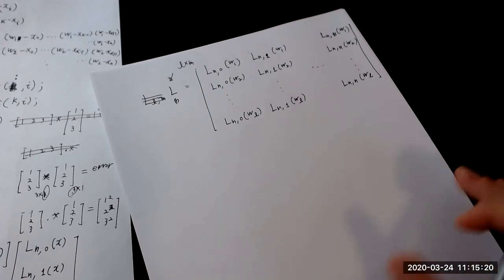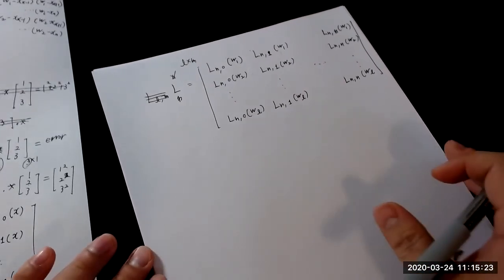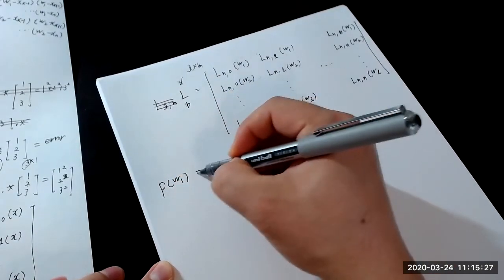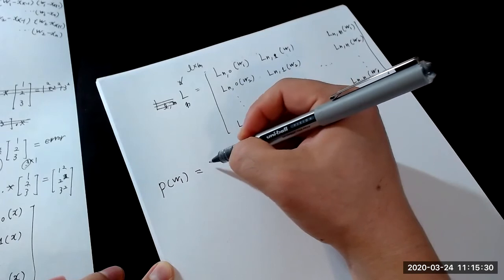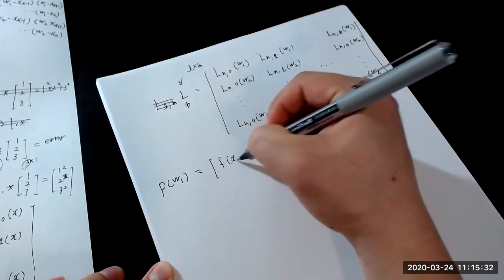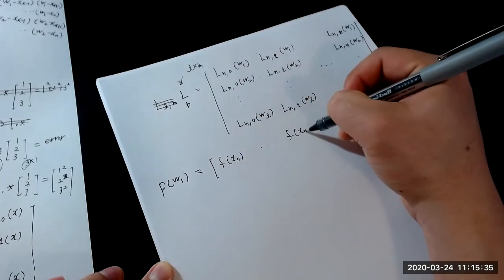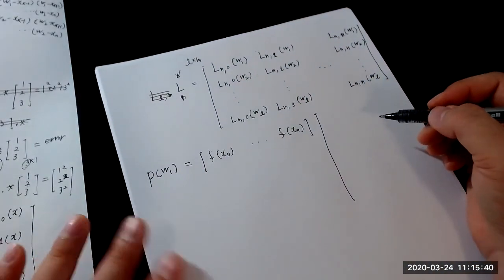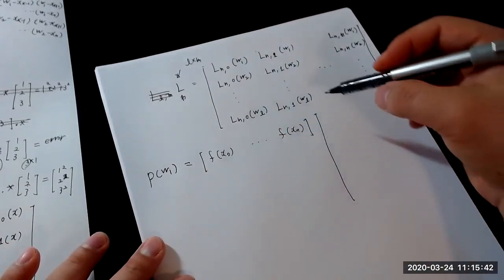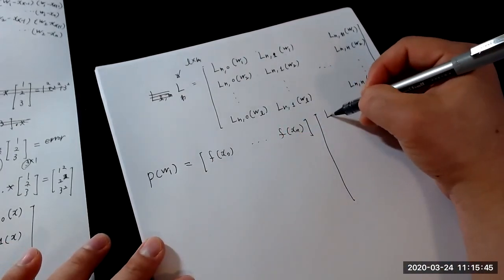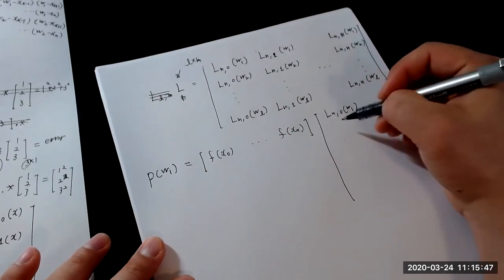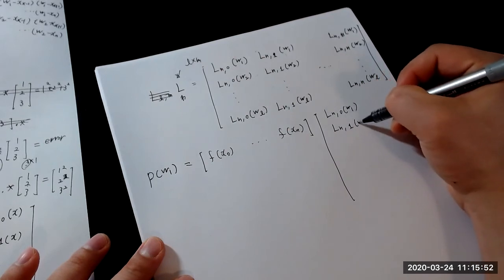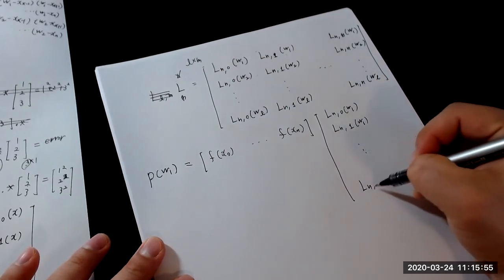So now P of W1 is going to be f of x0 through f of xn, the inner product, dot product, whatever, of that row vector and that column vector: L_n,0 of W1, L_n,1 of W1, through L_n,n of W1.